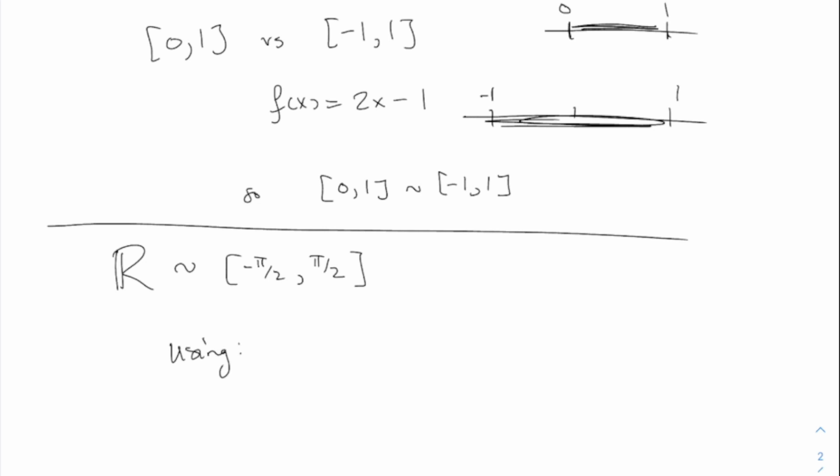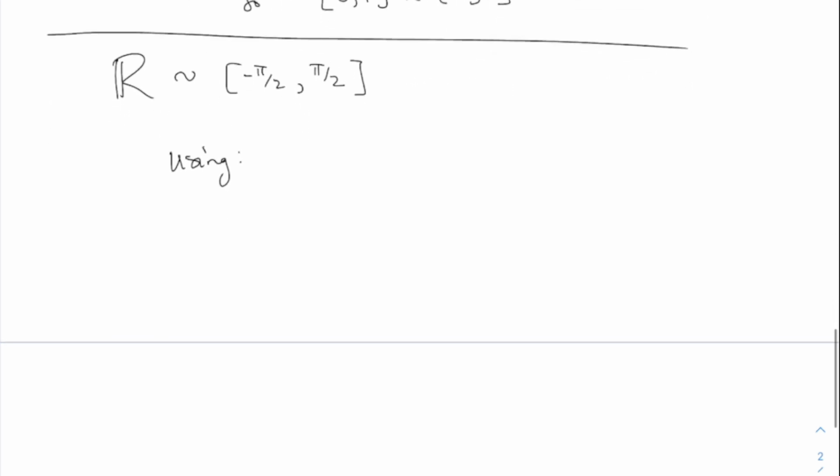And I'm going to tell you what function. There is a function which takes any real number and turns it into a number between pi over 2 and negative pi over 2. Sorry, that should be an open interval. I didn't mean to make it a closed interval, although it is also the same cardinality with the closed interval, but the function I'm about to say is an open interval.